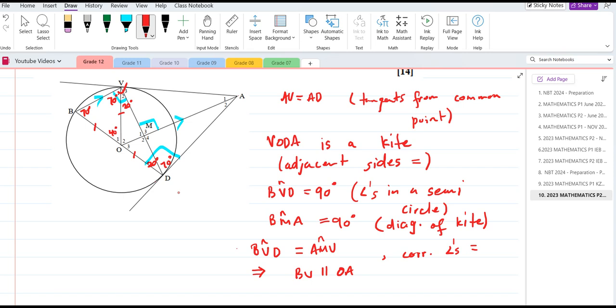Angle O2, and if you can get angle O2 to be 70 degrees, then we have alternate angles here. How can you get angle O2 to be 70 degrees? You can try that out. This is 20, this is 20, this entire thing is 140, and I'm just stuck over here to get this angle O2 to be 70.